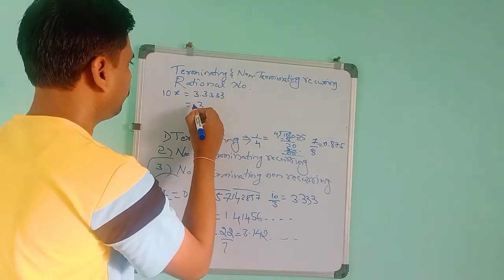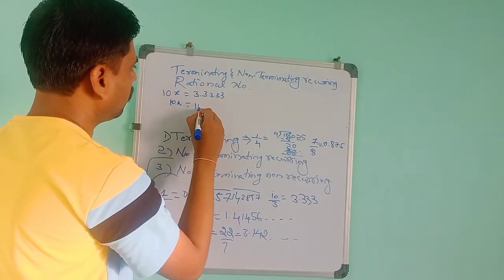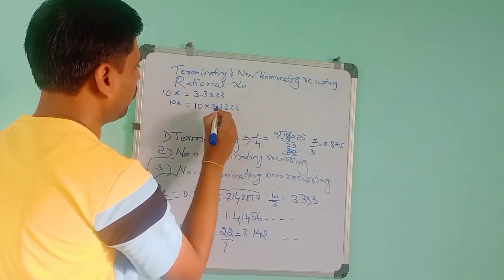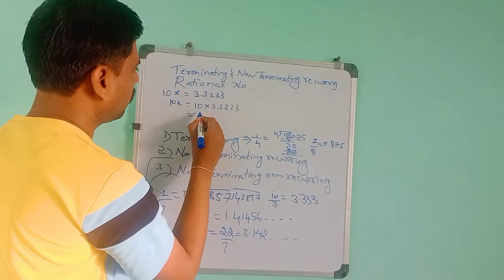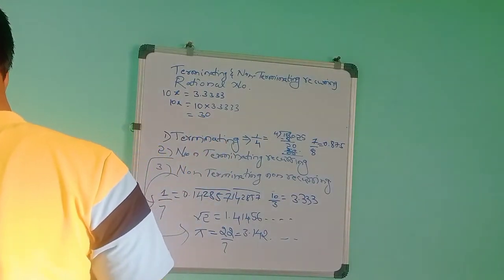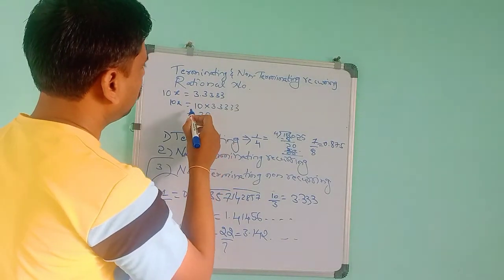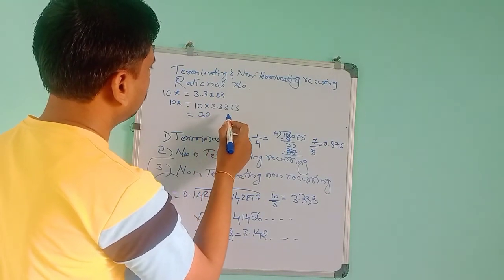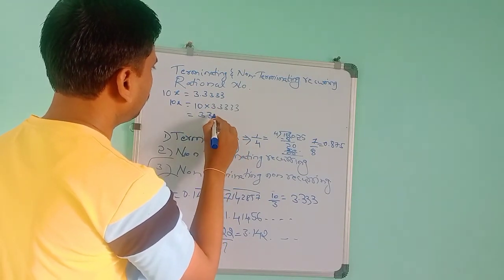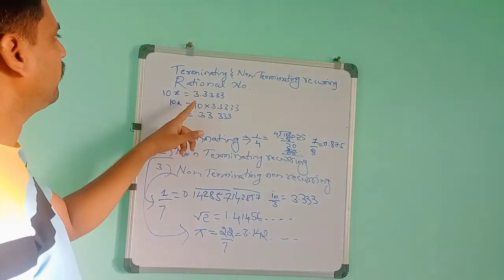Both sides by 10, it will become 10x. 10 into 3.33 will become 33.33.